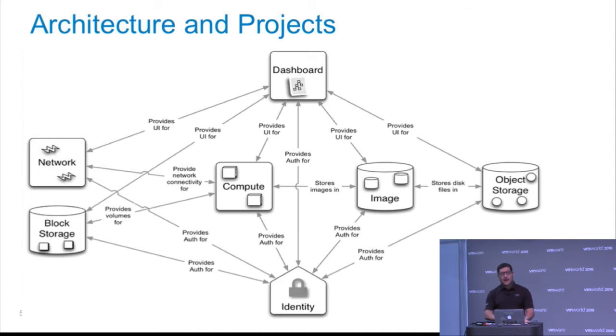We will have a project called Keystone, that will be the identity project, and it is going to interact with all the other components. We will have the Nova project that is the compute, and it's going to be in charge of managing your compute resources. We have Neutron that is going to provide you the networking, and, just to mention a few of them, the dashboard that is going to be the Horizon project.